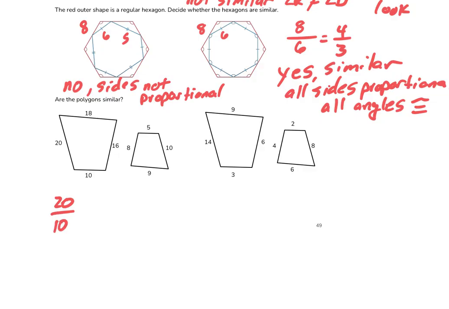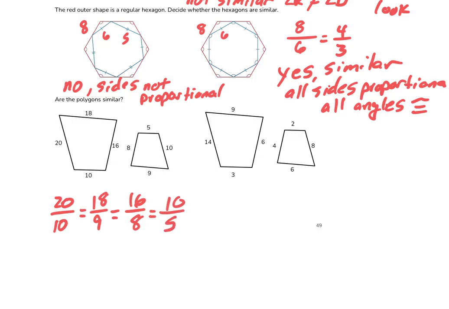So 20 has to go with 10. Don't pay attention to, oh, this one's on the left and this one's on the left, so those two are the ones that match up. Not necessarily the case, okay? Biggest goes to biggest. And then I just kind of like to work my way around. 18 would be the next biggest. So it's going to have to match with 9. And then 16 matches with 8. And finally 10 matches with 5.